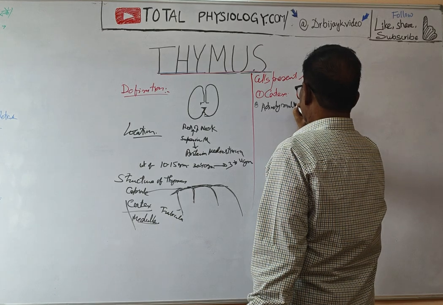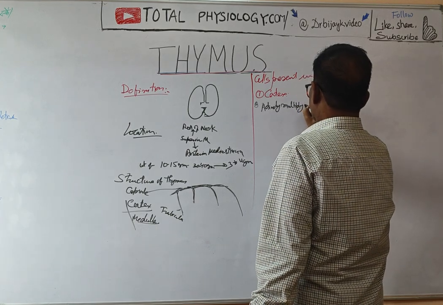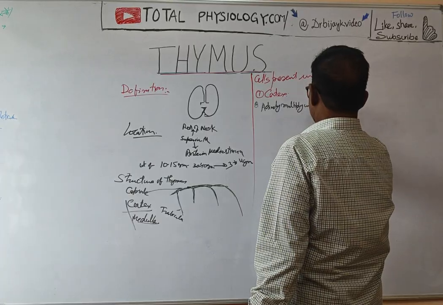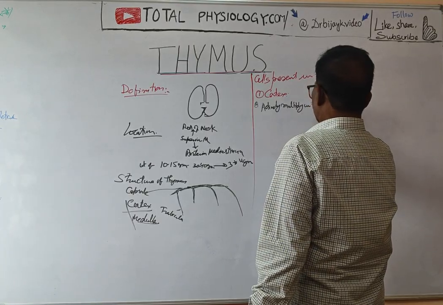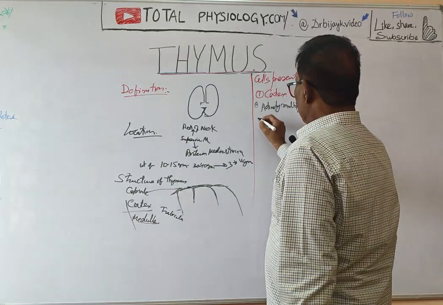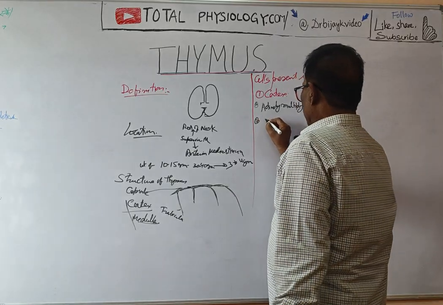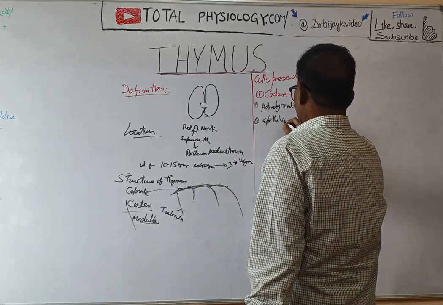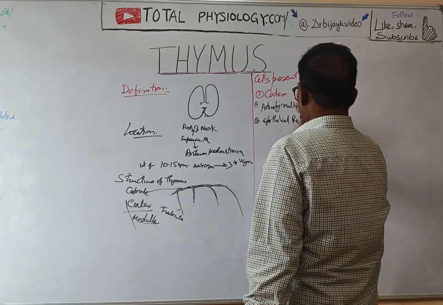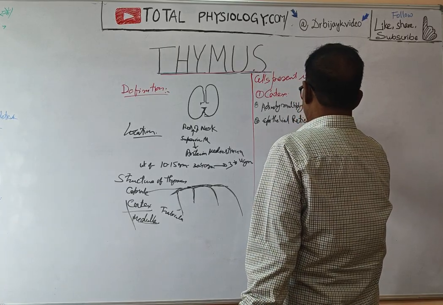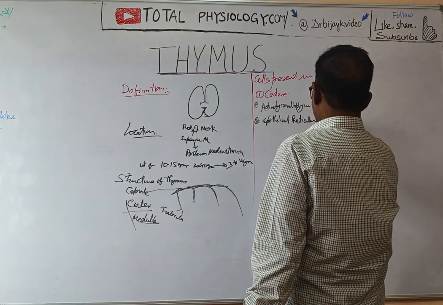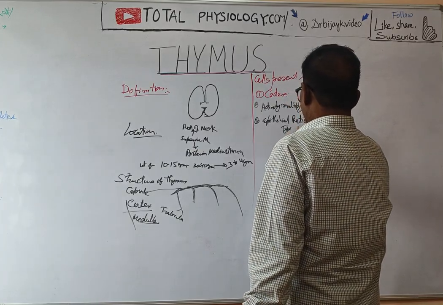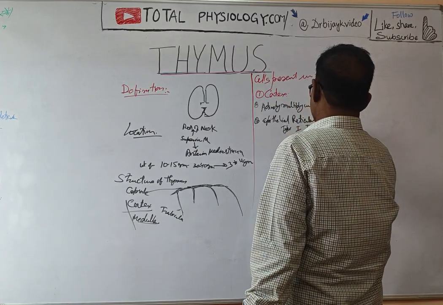Actively multiplying T-lymphocytes. Then epithelial reticular cells, epithelial reticular cells type 1, 2 and 3.